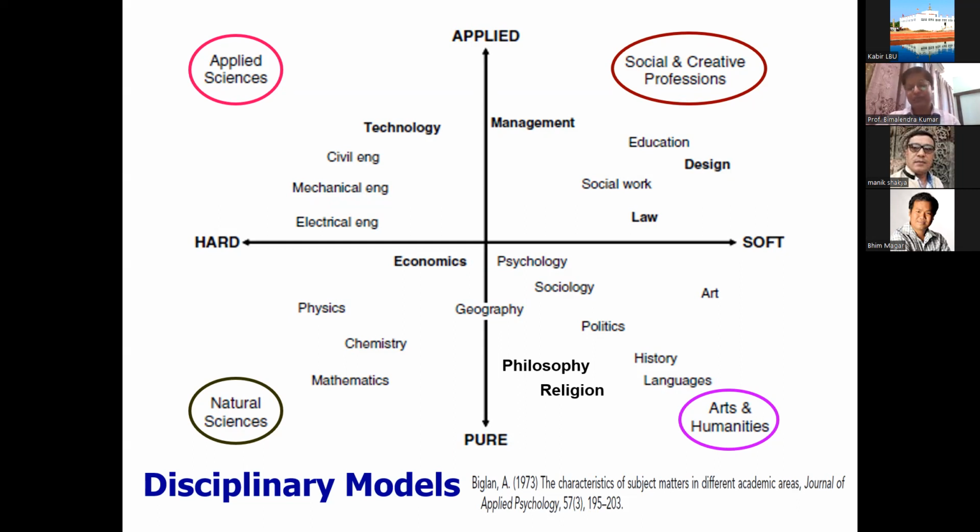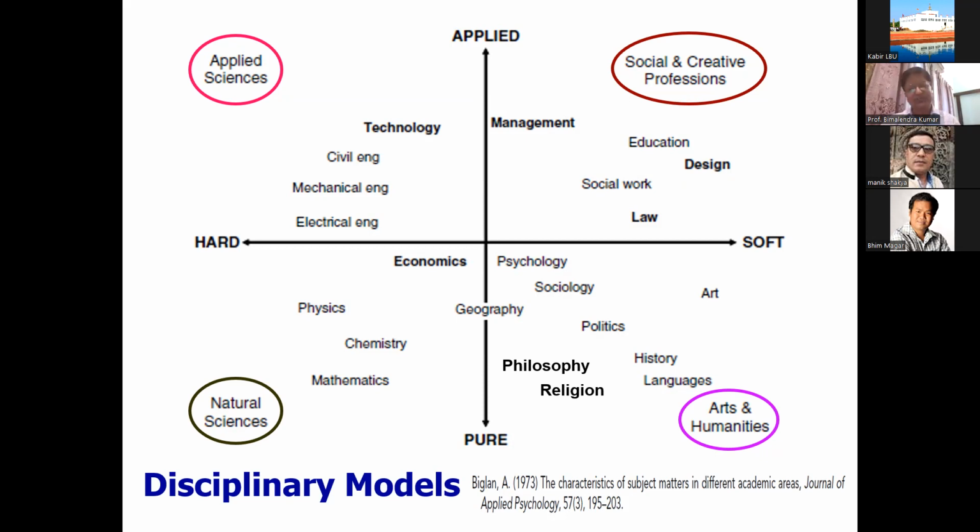Especially when we talk about the subjects of arts and humanities, that is, language and literature, there are subjects related with psychology, sociology, politics, history, and languages. Under the languages section, we are going to discuss Pali language literature, Sanskrit literature, Chinese language literature, and Tibetan Buddhist literature.